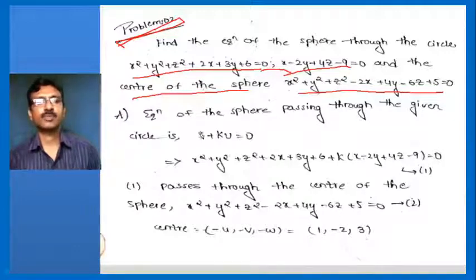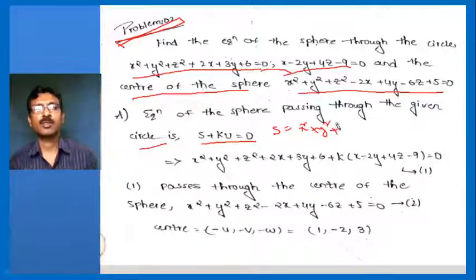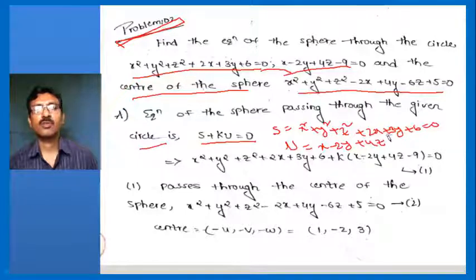Here is the point. So as usual, let the equation of the sphere passing through the circle be, using the formula, S plus k U equal to 0, where S is the first equation, x square plus y square plus z square plus 2x plus 3y plus 6 equal to 0, and U is the equation of the plane, x minus 2y plus 4z minus 9 equal to 0.